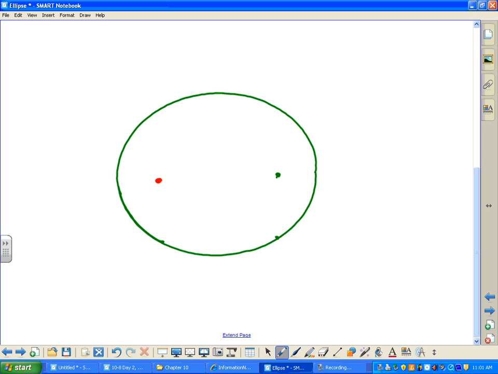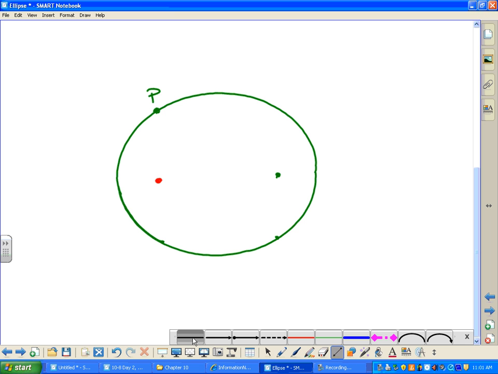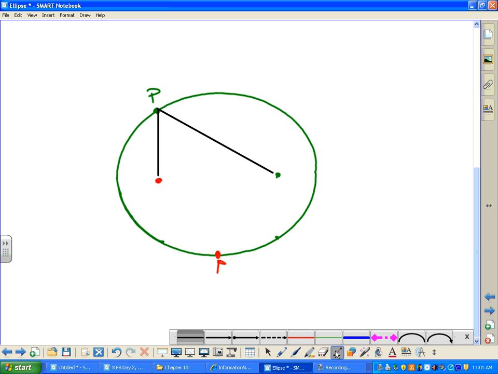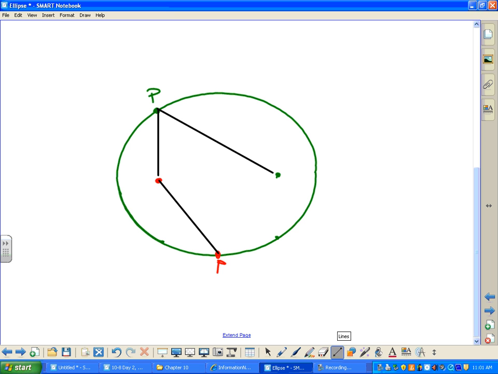If I take any point on that ellipse, any point like this point P, and if I measure the distance to the red dot and to the green dot, and I add those two together, they will always add up to be the same thing. This and this added together will be exactly the same as if I put my point P down here and I did this plus that. It doesn't matter where that point P is. Whenever I add them together, those two distances will always add to the same sum. Does that make sense? Yes.